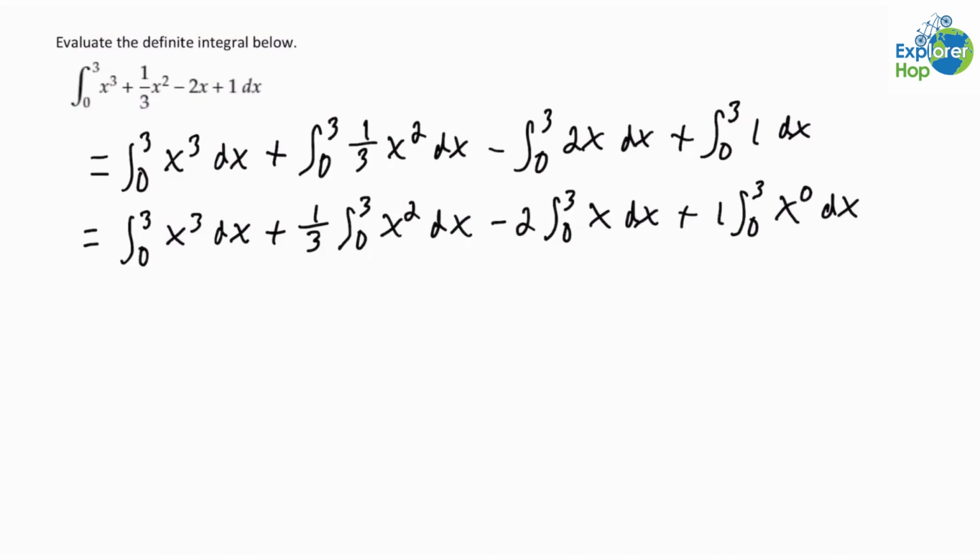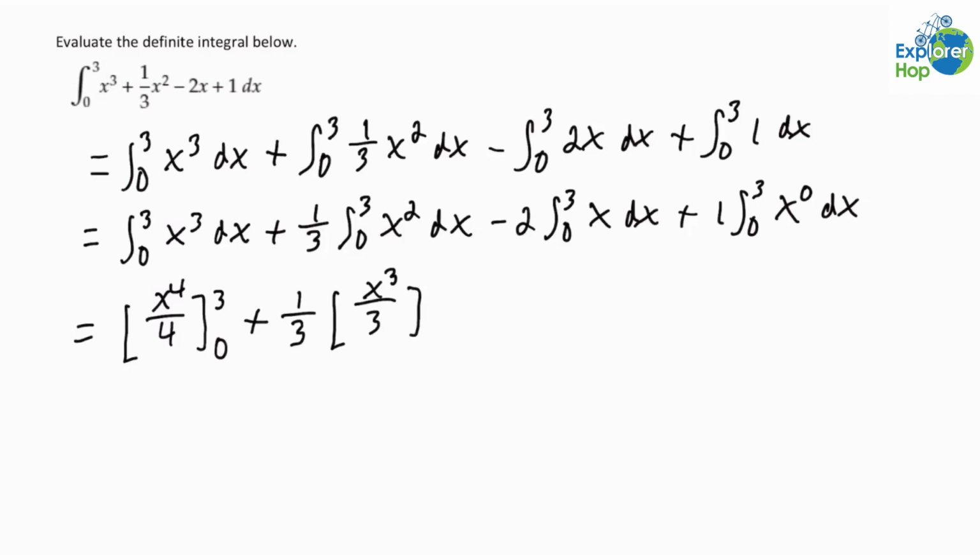So we get that this is equal to x to the power of 4 over 4 evaluated from 0 to 3, plus 1/3 times x cubed over 3 evaluated from 0 to 3, minus 2 times x squared over 2 evaluated from 0 to 3, plus x evaluated from 0 to 3.